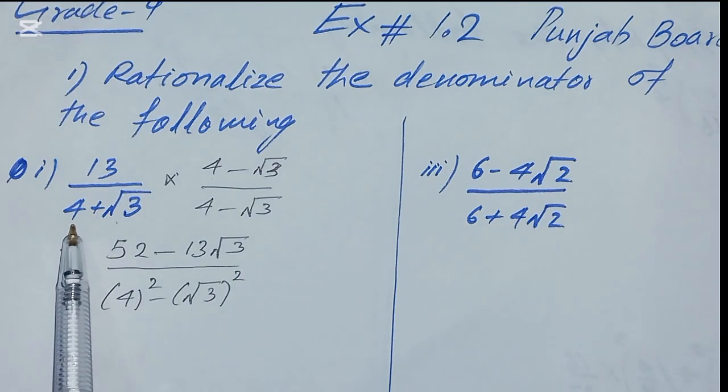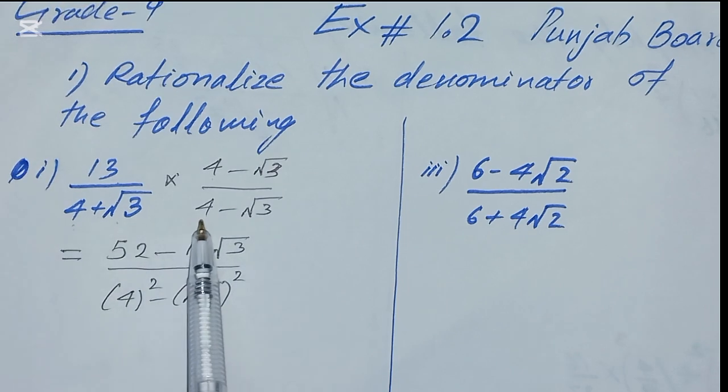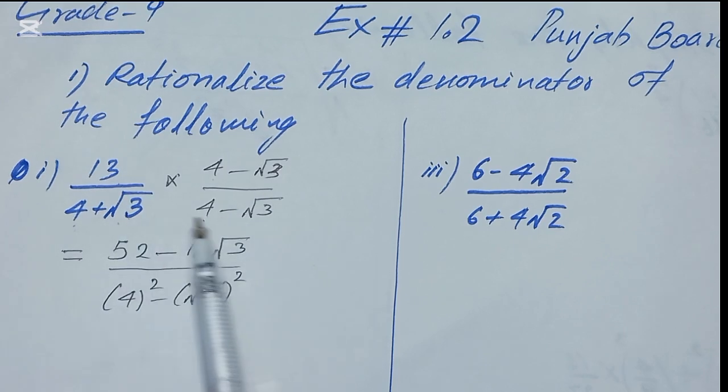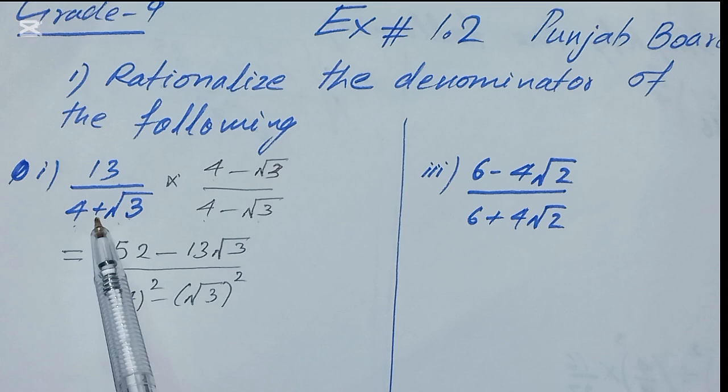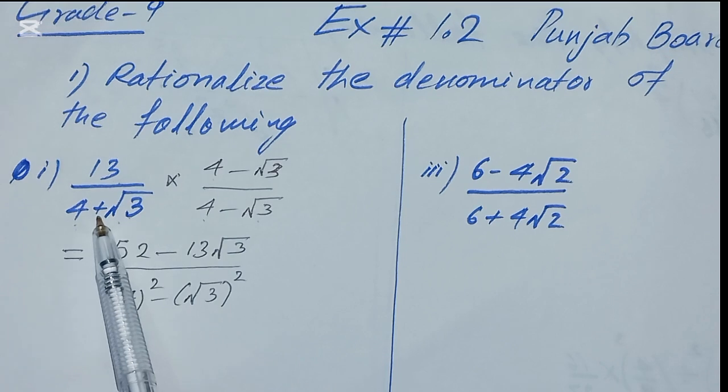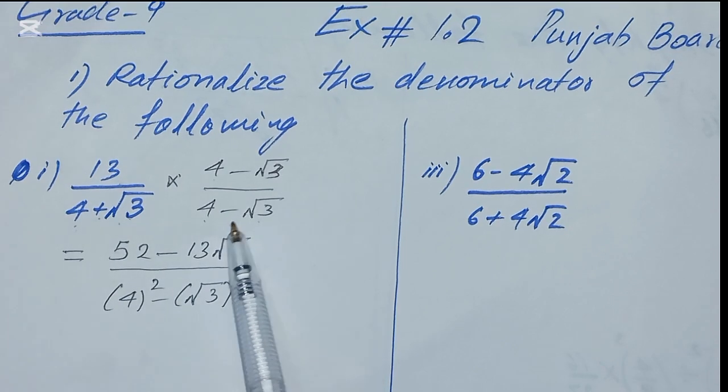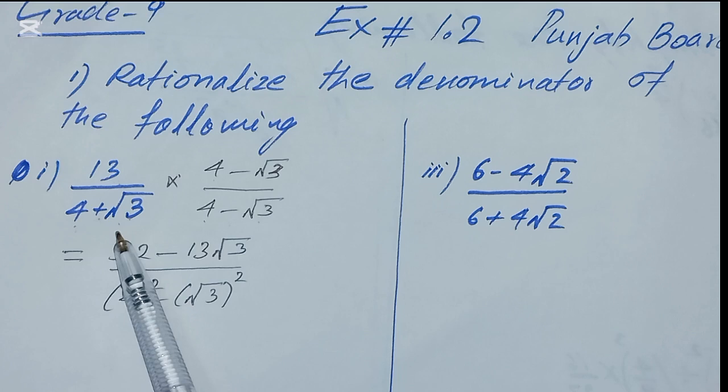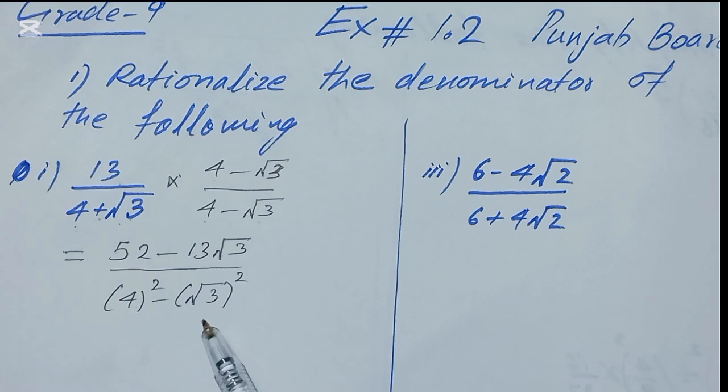Whenever we multiply two values whose first terms are exactly the same, and second terms are also the same, with positive sign in one and negative sign in the other, we can use this algebraic identity: first term square minus second term square.